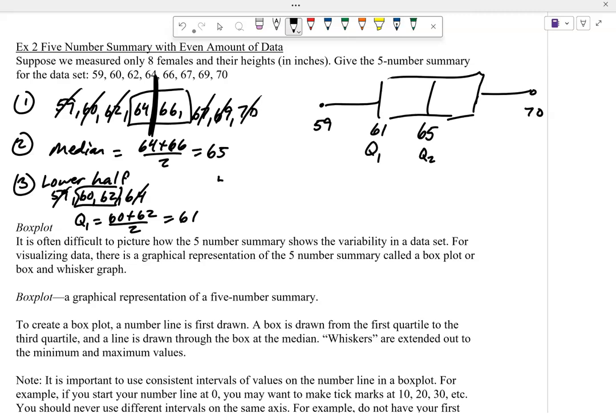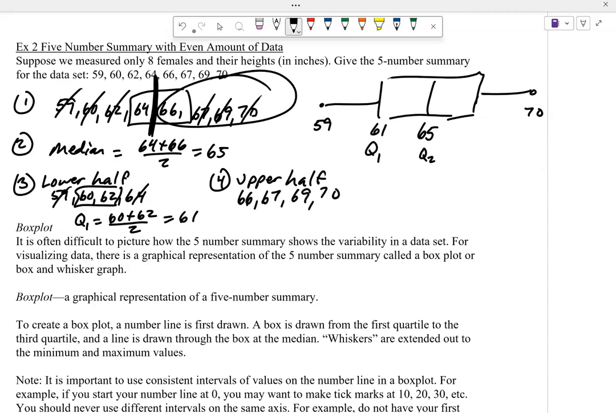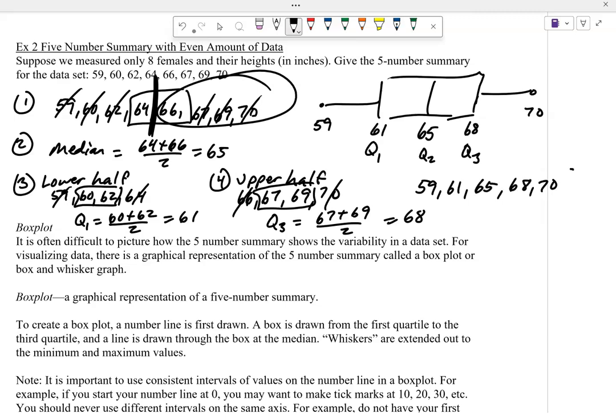My upper half of data, so up here, 66, 67, 69, and 70. Cross out bottom, top. It looks like there's 2 in the middle, so my third quartile is their average. So I got 68. 68 inches is the third quartile. And there's my 5-number summary, 59, 61, 65, 68, and 70 based on those measurements.